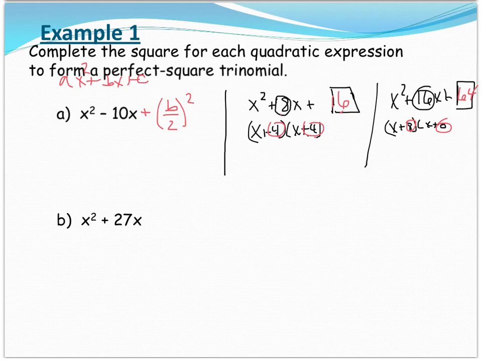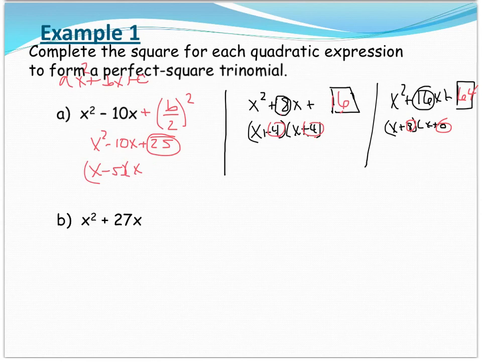Now, one other thing to consider: if I was going to factor this, that would be the solution, 25. That's the number that needed to be added in. Think about what the factor looked like also, because we're eventually going to factor these.